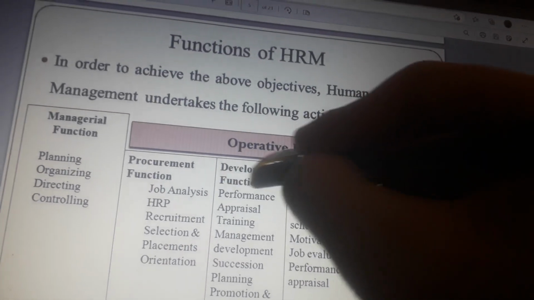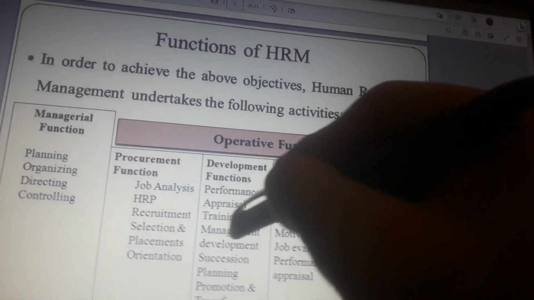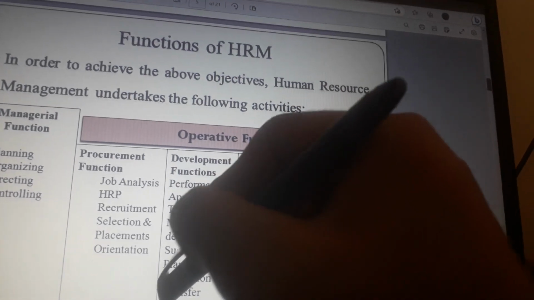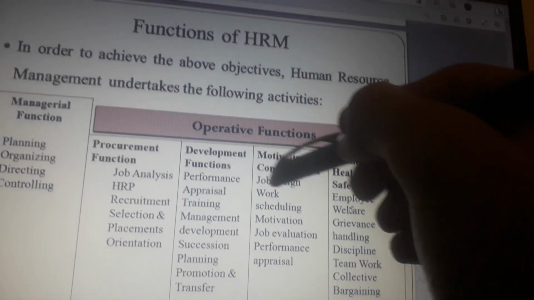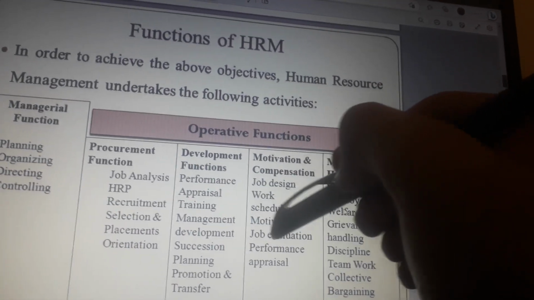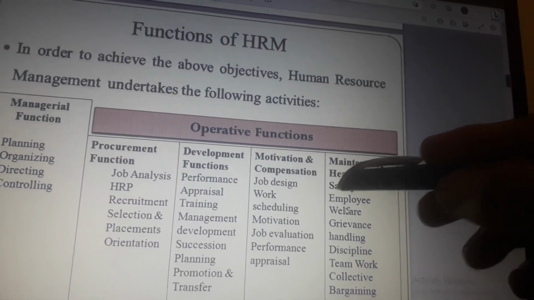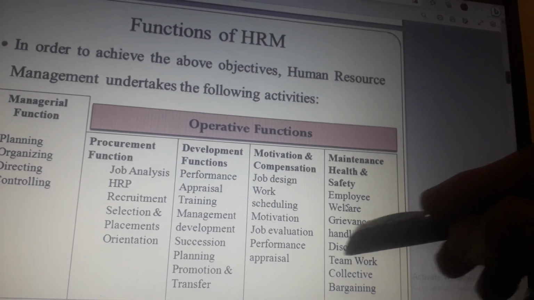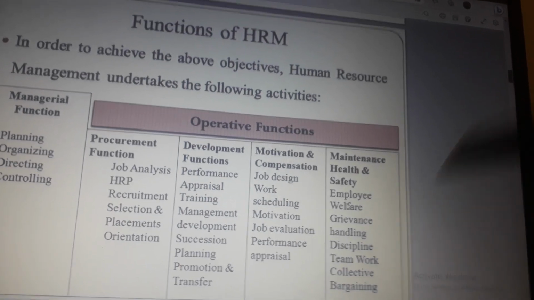Development functions: performance appraisal, training, management development, succession planning, promotion and transfer, motivation and compensation, job design, work scheduling, motivation, job evaluation, performance appraisal. Maintenance: health and safety, employee welfare, grievance handling, discipline, teamwork, collective bargaining.